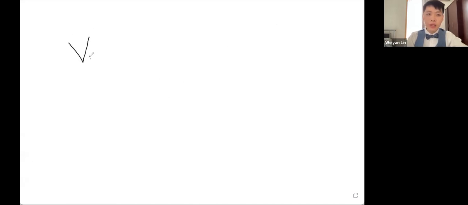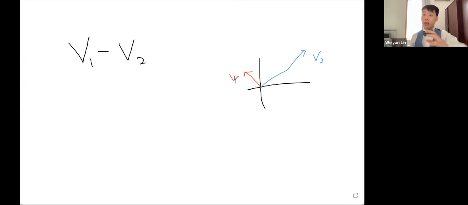And if you have addition, you may also have subtraction, right? Subtraction, on the other hand, is not commutative. So that means V1 minus V2 is going to be different from V2 minus V1.